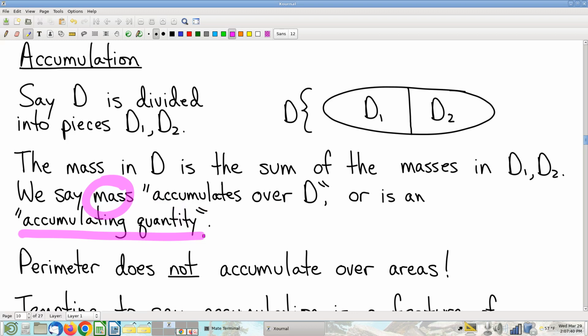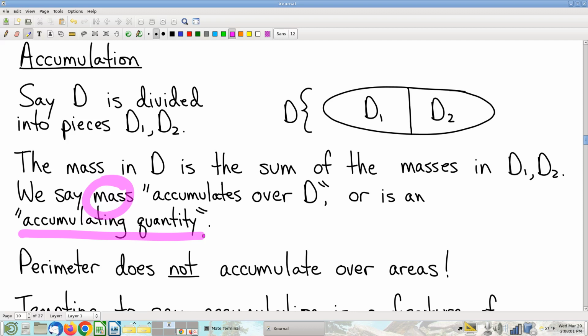Now, naturally, the focus in this class has been to talk about accumulating quantities, because one of the big topics in this class is integrals, which apply when the whole is the sum of the parts. This has been the only thing we've needed to talk about.